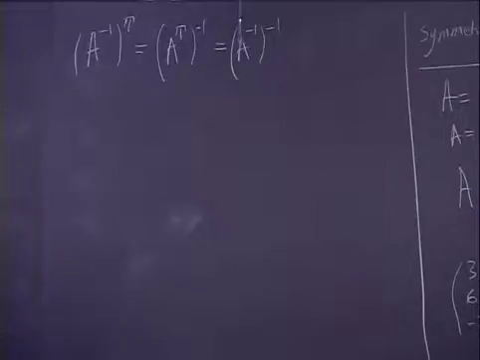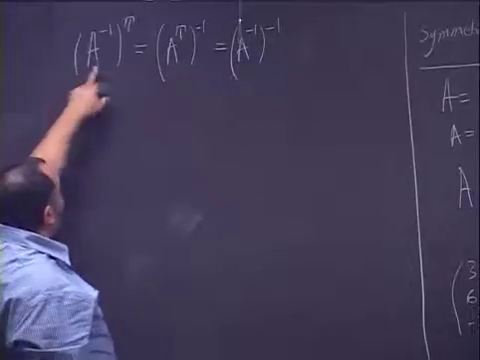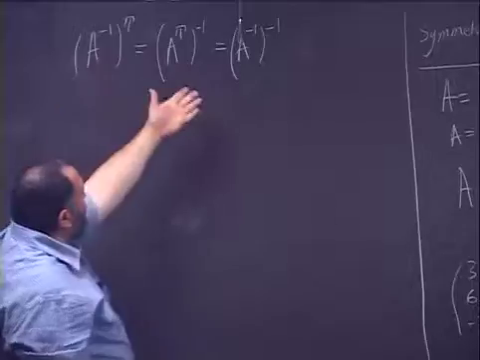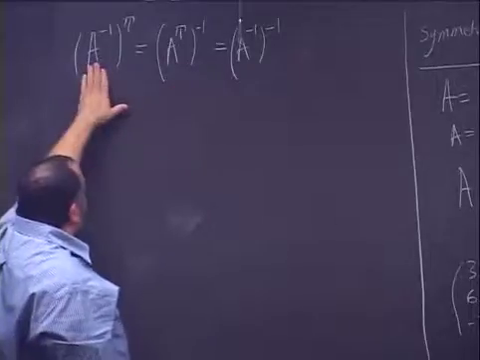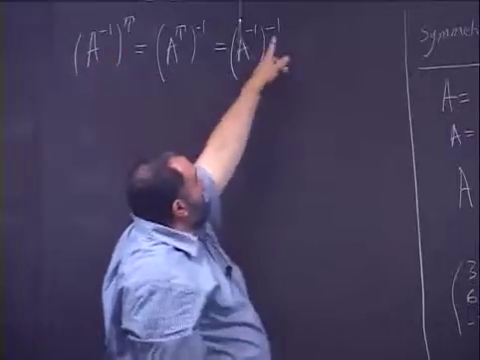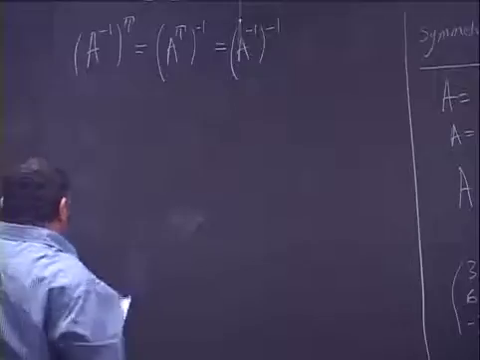The matrix is orthogonal, A transpose equal to A inverse. Since we proved that the transpose of the inverse is equal to the inverse of it, it is still orthogonal.